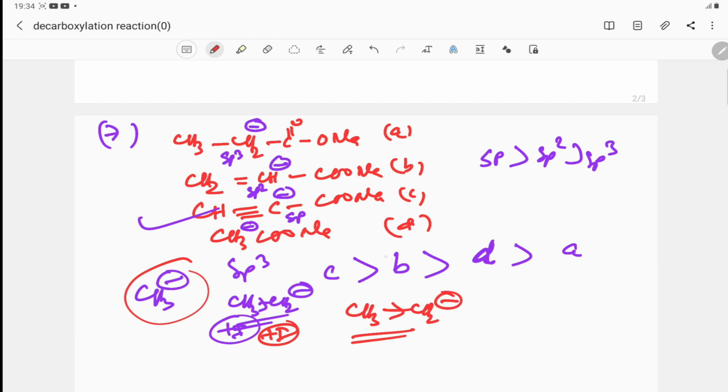That's why the order of reactivity is first C, because it has a triple bond carbon, then B, that has a double bond carbon, then D, because D is only a free methyl carbon, then A, having an ethyl group which has a plus I effect, which decreases the stability of the carbanion compared to methyl. That's why the order of acidic character is C, then B, then D, then A.